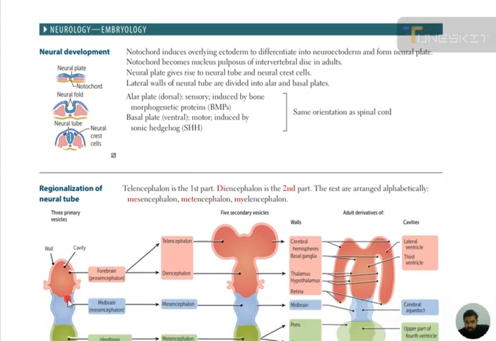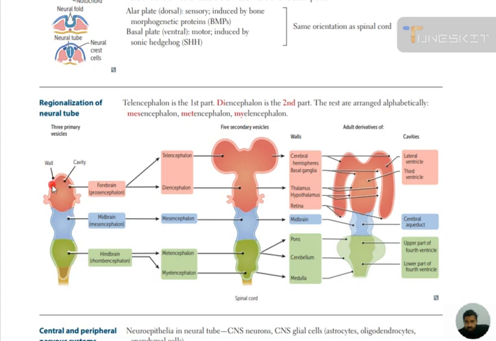We can see this in the picture. The first part is the forebrain, the prosencephalon; this is the midbrain, the mesencephalon; and this is from the rear side, the hindbrain, or the rhombencephalon.